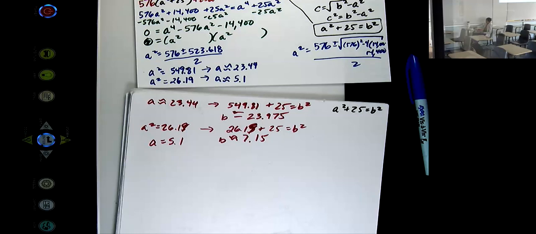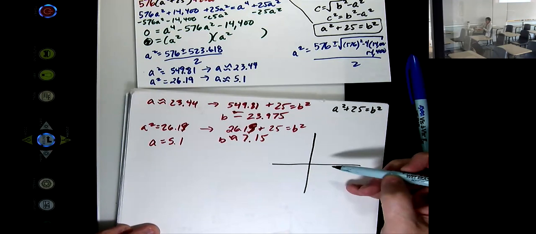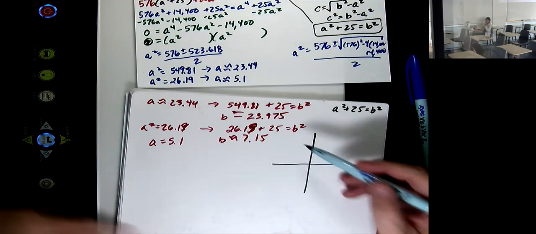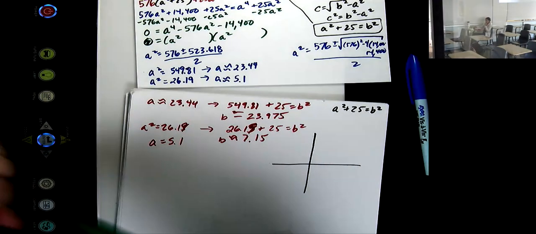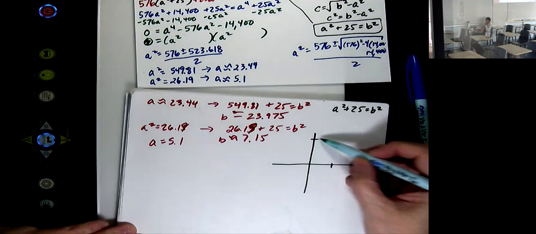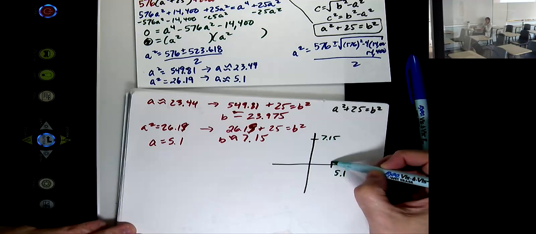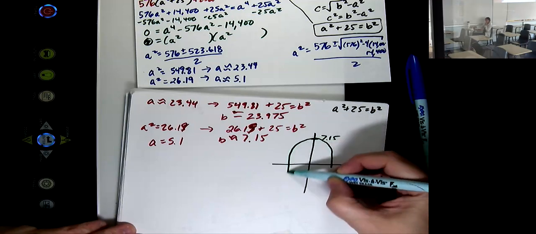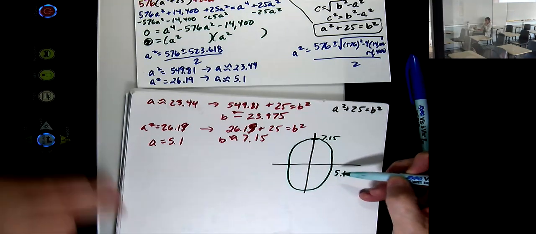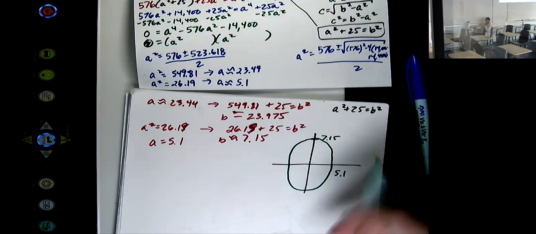Okay. Let's look at both. If I've got 5.1 and 7.15, I've got an ellipse like this. X can't be 24.